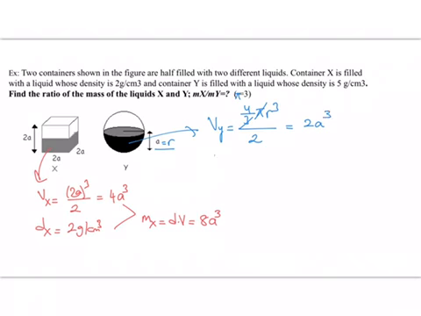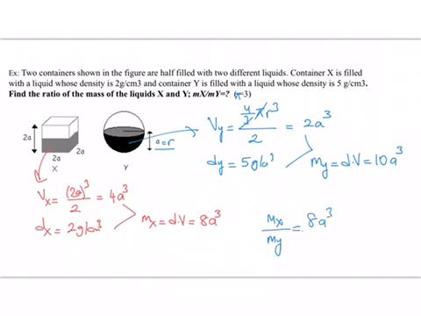The density of Y is given as 5. So the mass of Y, from density times volume, is 10a cube. So the ratio of masses will be equal to 8a cube over 10a cube, 4 over 5.